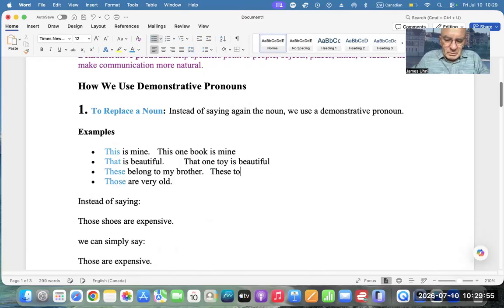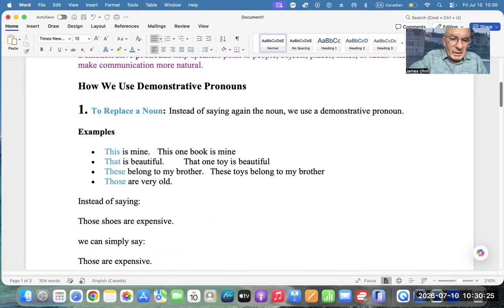These toys, and now we have plural, because we have S over here. Here is only one toy, but here are many toys. So these toys belong to my brother. And those are very old.